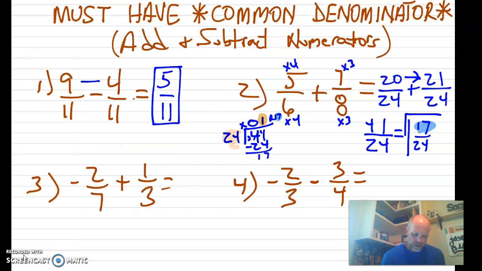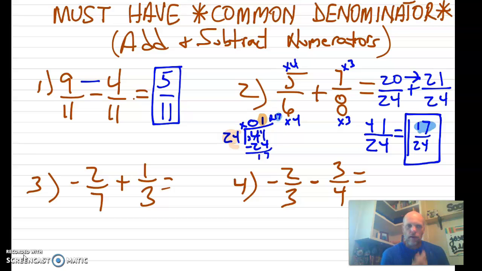So when you add, which this is crazy, right? Doesn't look anything like it started. When you add 5/6 plus 7/8, you get 1 and 17/24. It's a lot of steps, but you just got to do one step at a time. There's no reason to think about all the steps at the very beginning. Just one step at a time.